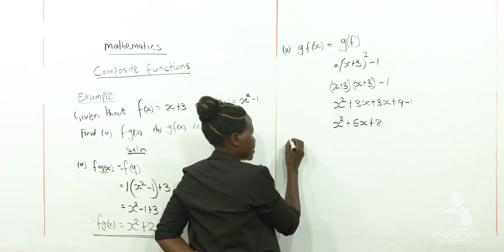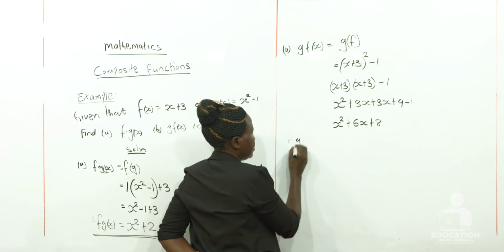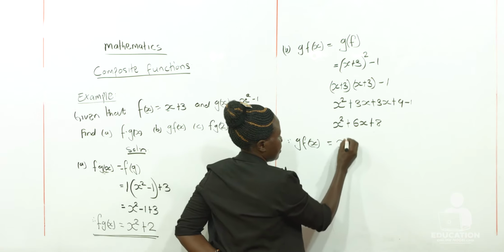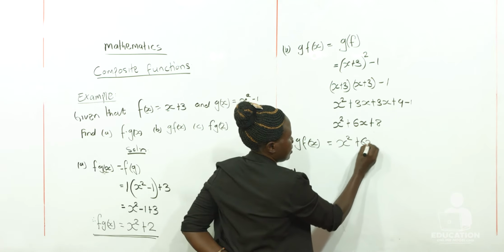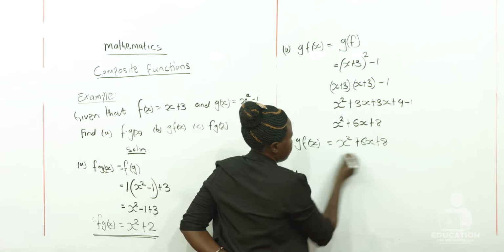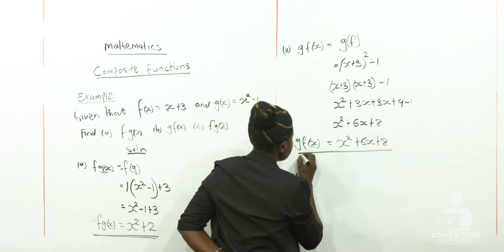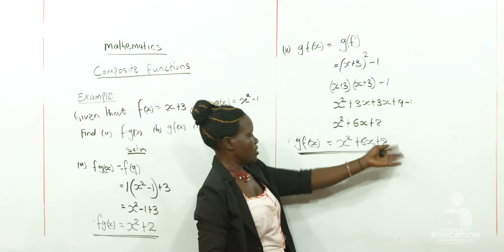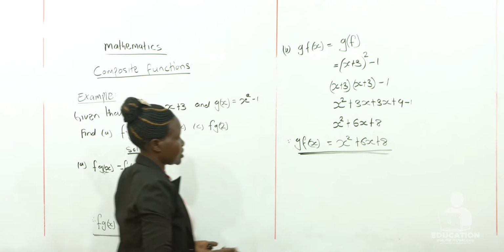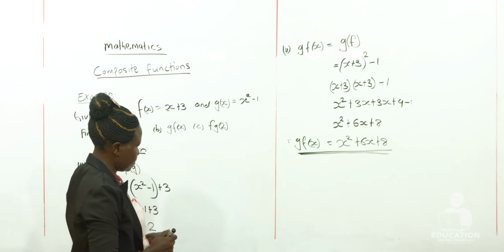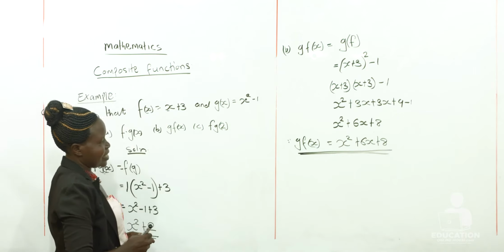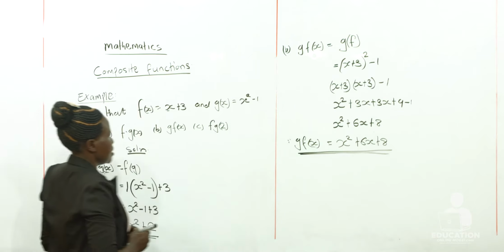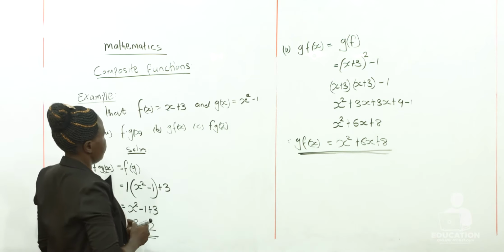Then you simply say, therefore, gf of x equals x square plus 6x plus 8 is our answer. So it will have to remain in unknown, because here they have not given us the value of x. So learners, that is how you deal with the quadratic functions in composite functions.